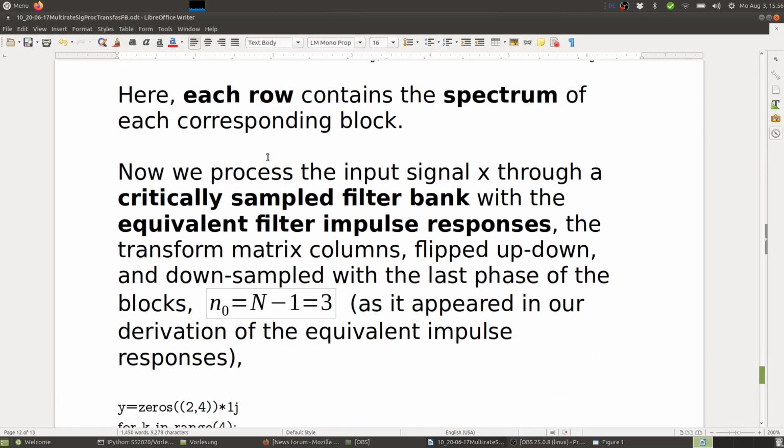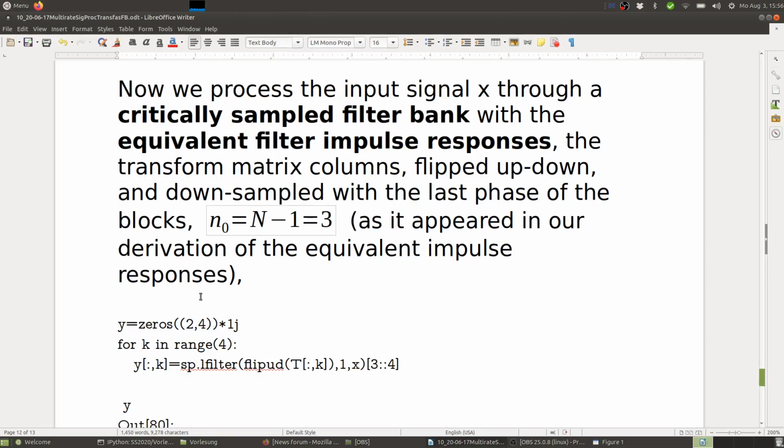So now we process the input signal x through a critically sampled filter bank with the equivalent impulse responses, the transform matrix columns, flipped up down and downsampled with the last phase of the blocks n naught equals N minus 1 equals 3, as it appeared in our derivation of the equivalent impulse responses.